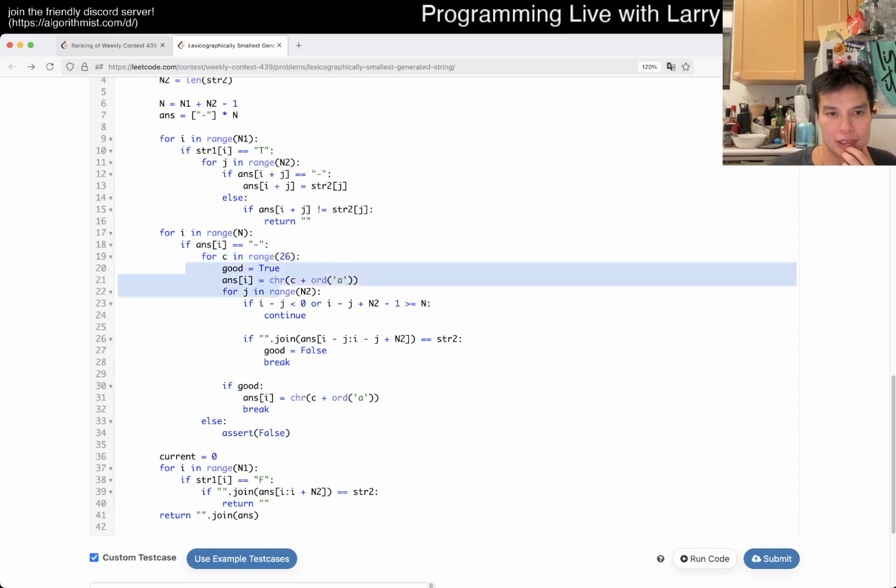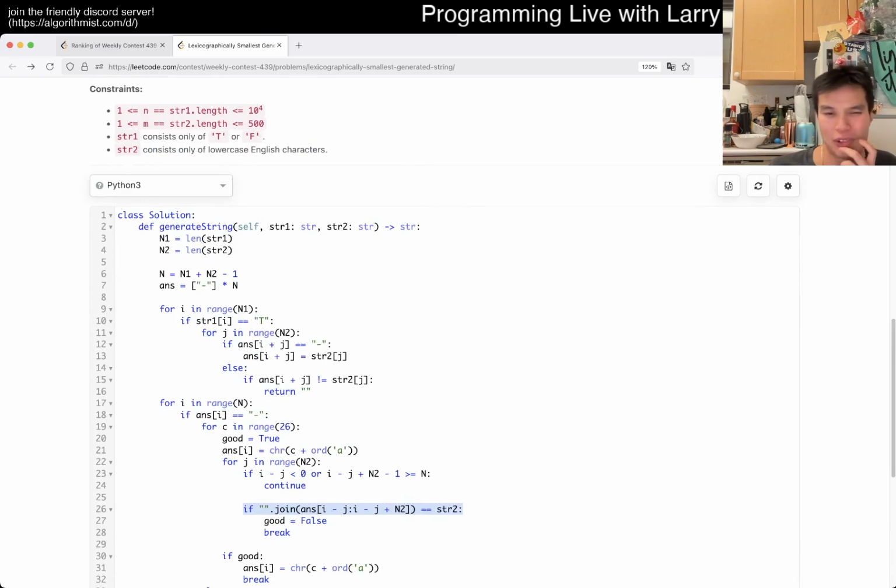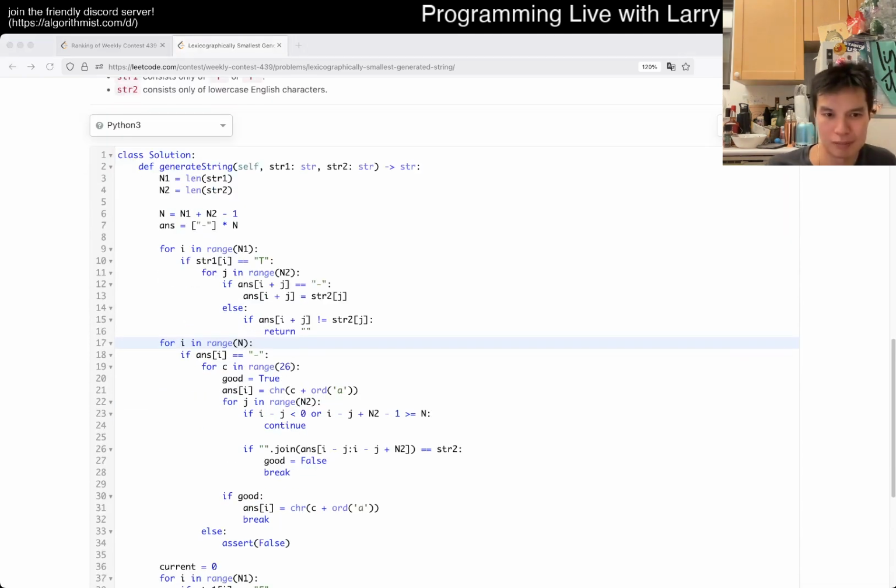Well, no, because this is n squared and this is n squared, so that's n squared squared. It's just that strings are ridiculously fast on this one, and there is a lot of brute force things, so maybe there's a reason for it.